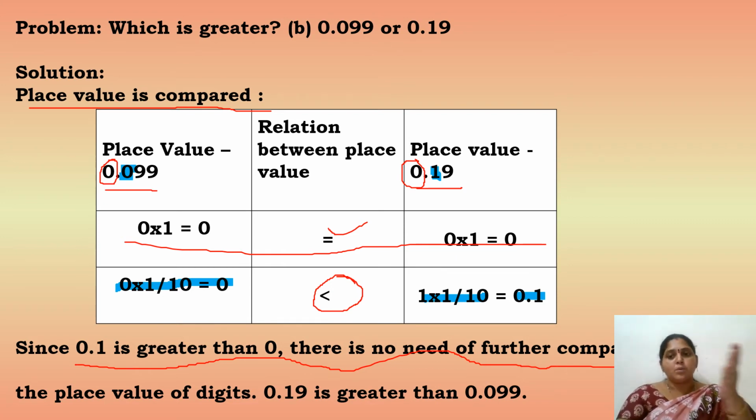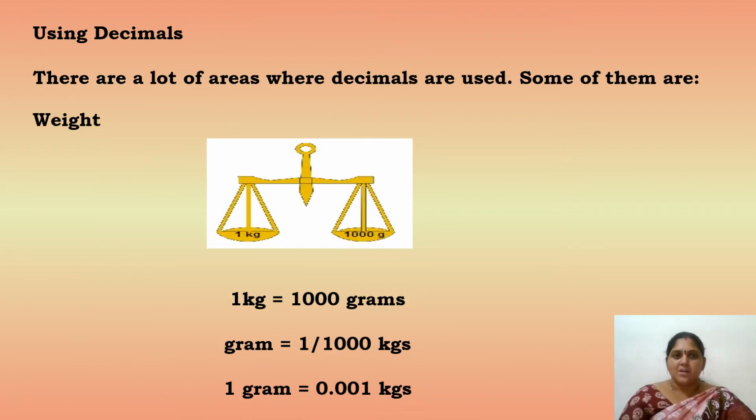You can stop here and write which is the greater decimal number. So the decimal place value of digit 0.19 is greater than 0.099.